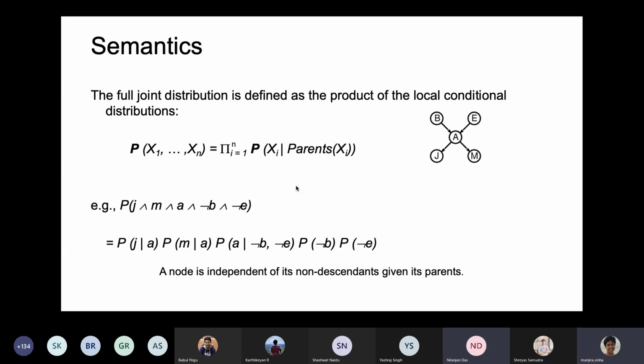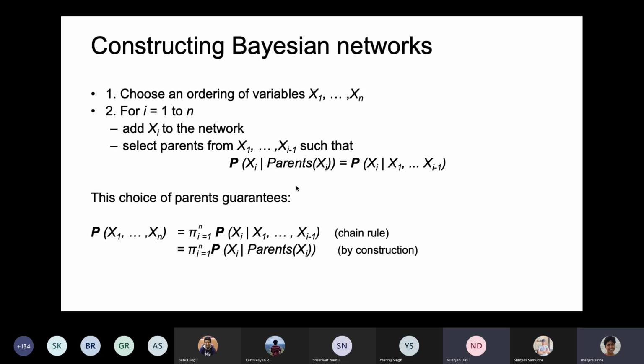Okay. So now, till this point, we had a Bayesian network, we had the CPTs, and we have constructed and found the full joint probability distribution. Now, in the next part, how can I construct a Bayesian network? Why is there a need for a methodical approach?